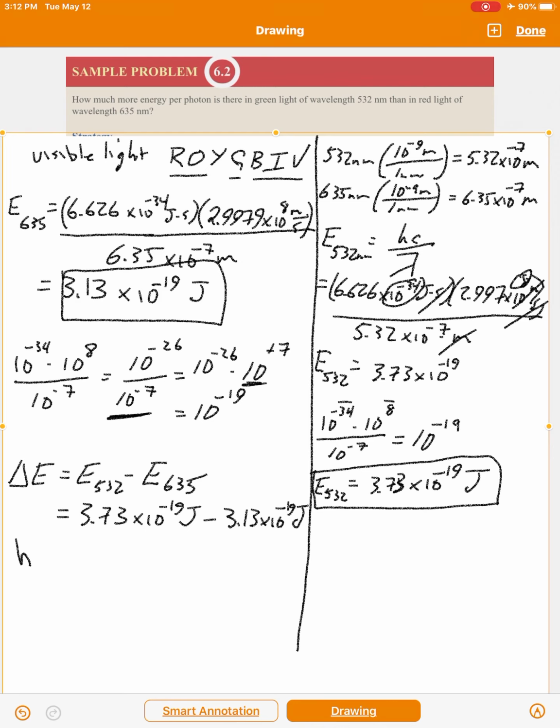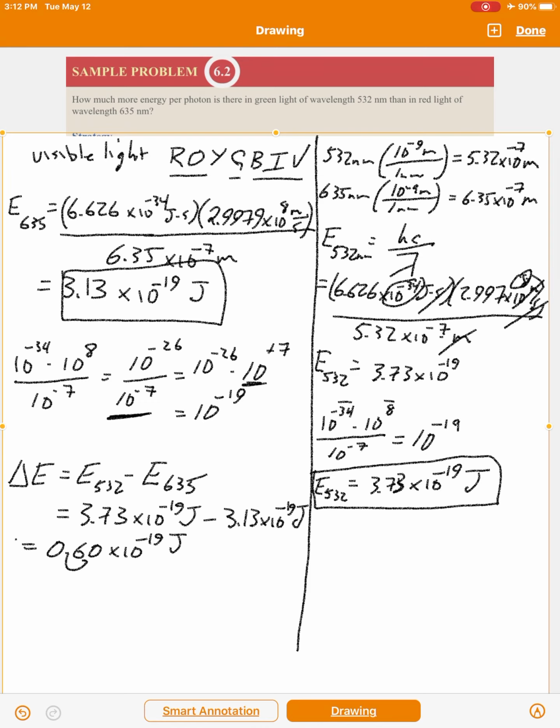They're both times 10 to the minus 19, so we can directly subtract the decimal numbers. Let me get rid of that h, I don't want people to think it's part of this answer. So 3.73 minus 3.13 is 0.6, times 10 to the minus 19.